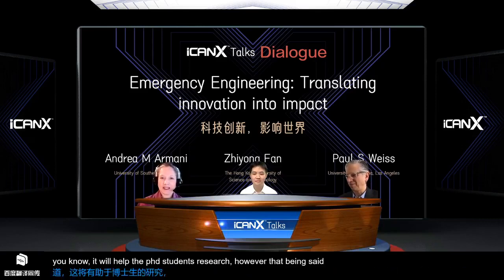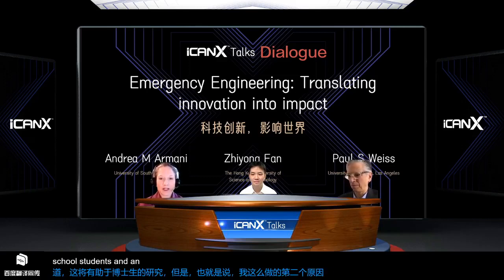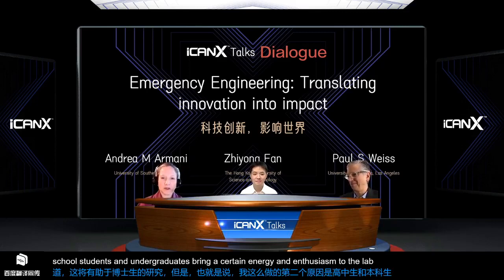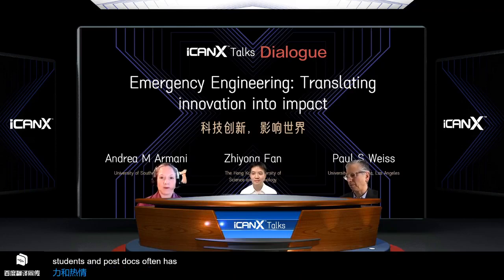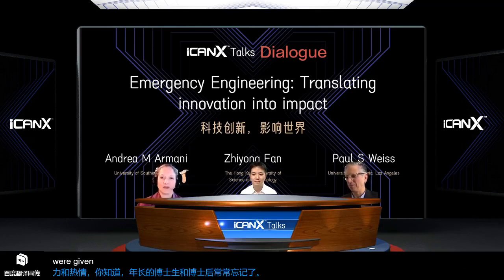the second reason I do it is that high school students and undergraduates bring a certain energy and enthusiasm to the lab that older PhD students and postdocs often have forgotten. All of us are very fortunate to have our jobs and positions. We're given a lot of intellectual freedom to explore and fail and try things.